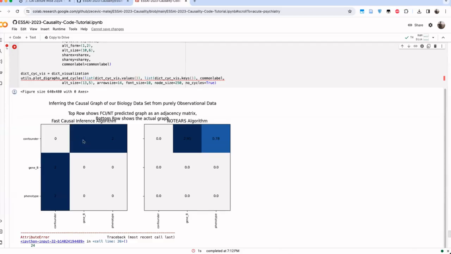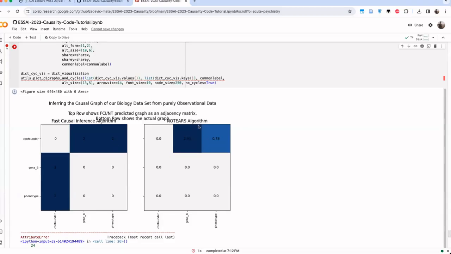And the values here, for example 2, are some special encodings for what the edge type means, and you can look that up for the FCI. But it's really recognizing the correct structure, that there's no edge from gene to the phenotype or vice versa. It just cannot decide on the directionality. Of course, we know that it's the confounder to gene and confounder to phenotype and not the other way around.